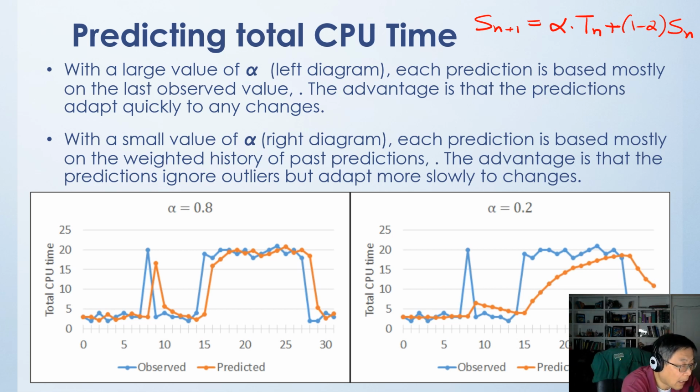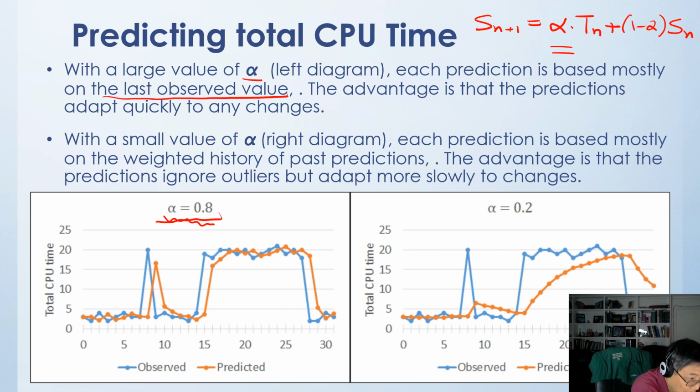Now, when you look at this formula, you will find that with a large value of alpha, like in the left diagram, the largest alpha you can take is 1, and 0.8 is kind of large, each prediction is based mostly on the last observed value.